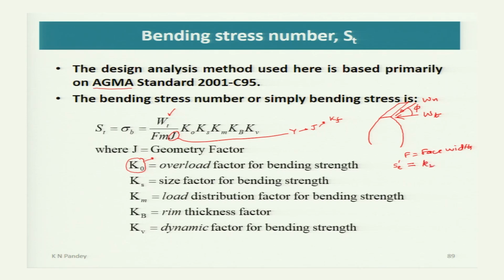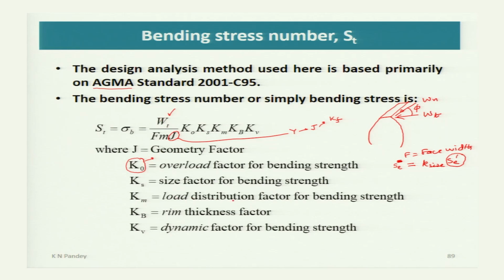We had used K size, and Se dash obtained from the rotating beam experiment was multiplied by K size to find the endurance limit of a component of a particular size. That was due to the difference in size of the rotating beam specimen and our component. The same thing is done here. The size has an effect, and so the size factor is included to modify the transmitted load Wt.